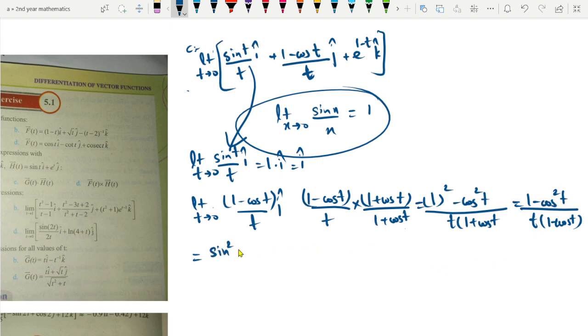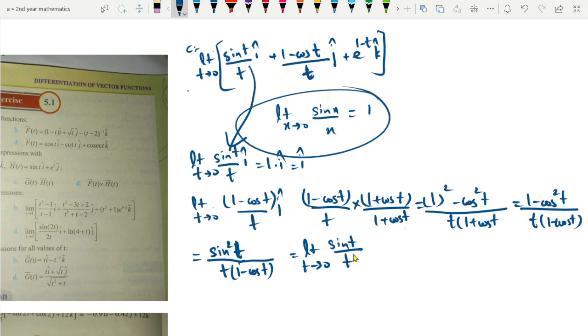Sin square t divided by t, sin square t divided by t, 1 minus cos of t. Now apply limits. By applying limit, you will get limit t approaches 0 of sine of t divided by t.